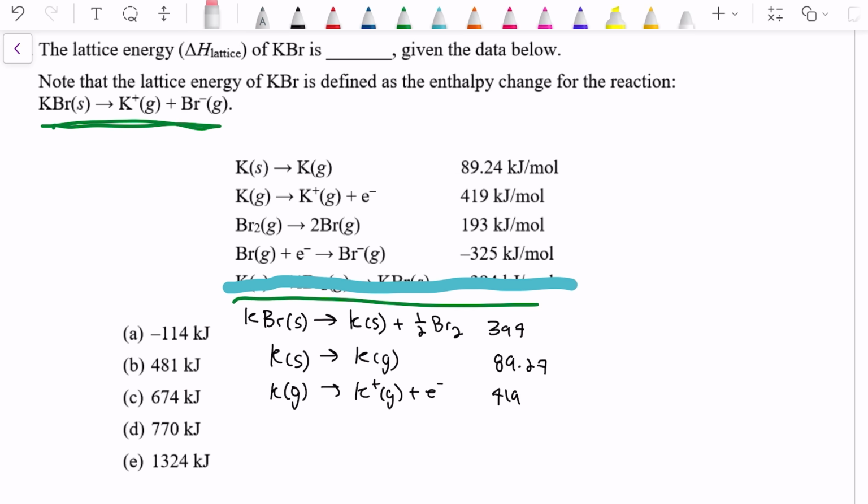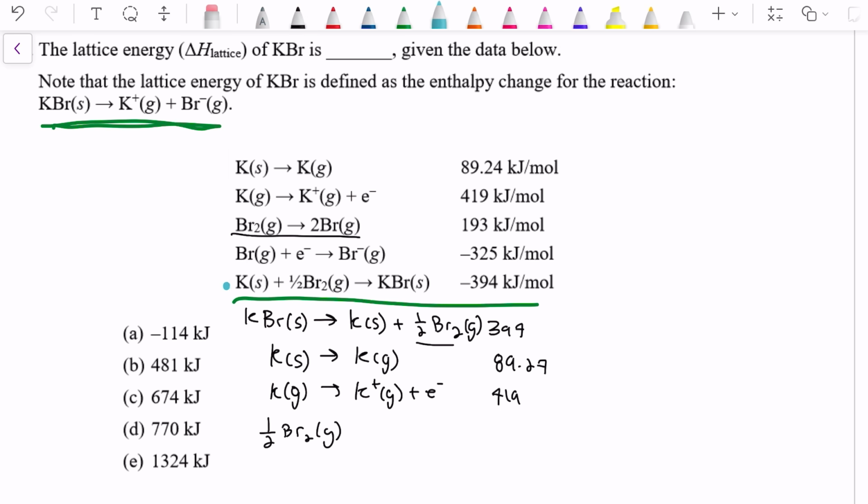Now let's move on to changing bromine. So I have half of a diatomic bromine on my right-hand side. So I'm going to do half of this equation. Half Br2 gas. Wait, I was confused because I did not write that this was already a gas.